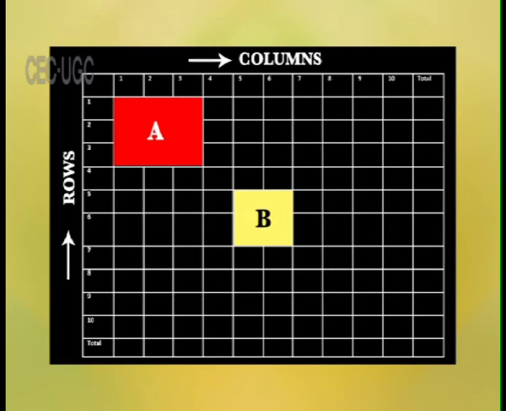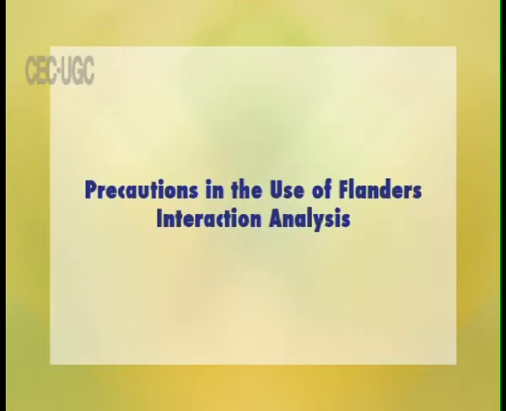Now, dear students, after this, let us discuss precautions in the use of Flanders interaction analysis. These are the precautions which we have to take while using Flanders interaction analysis.